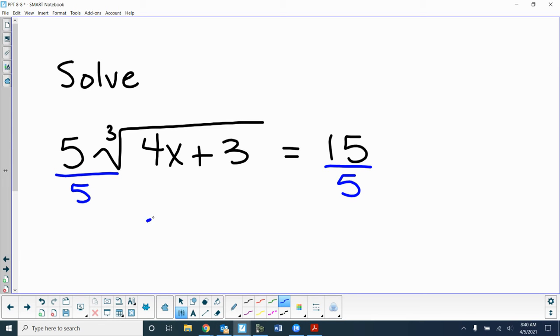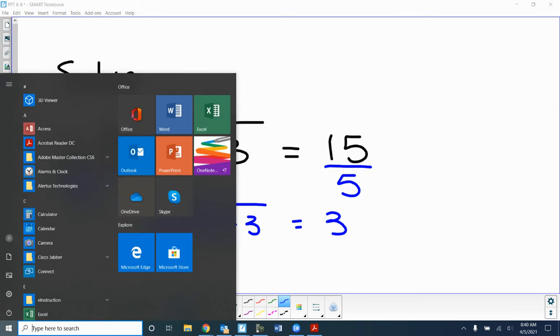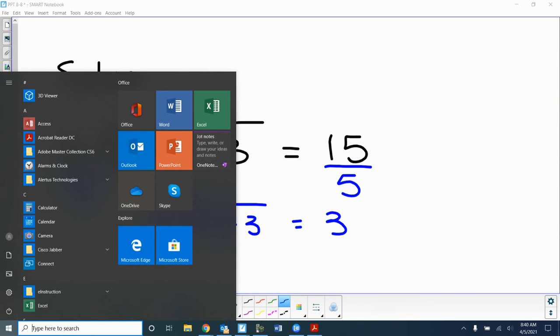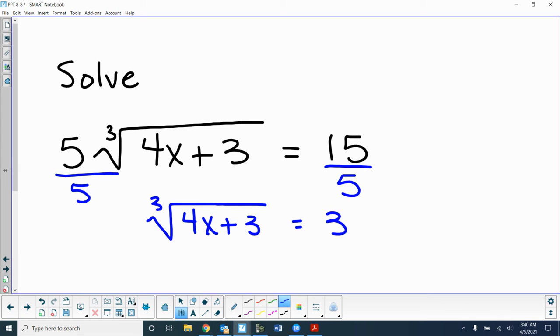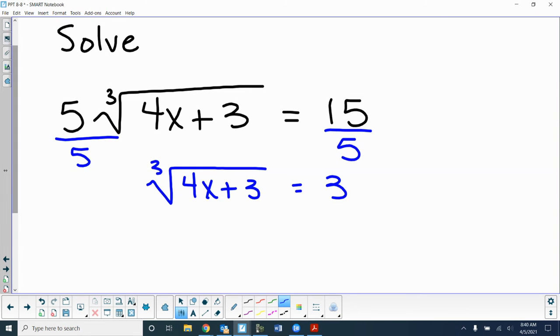So now I got the cube root of 4x plus 3 equals what? 3. Now, this is a little different because it's a cube root. So what do I do to both sides? Cube both sides. So I gotta do this, right?